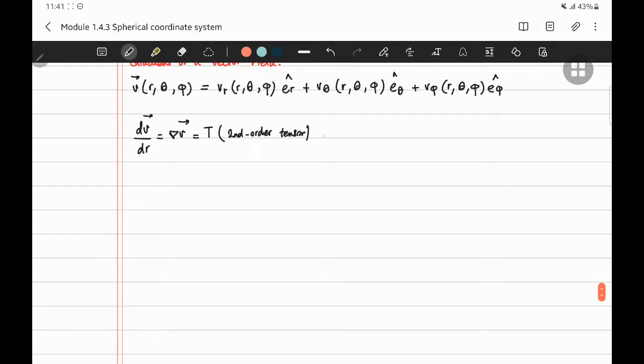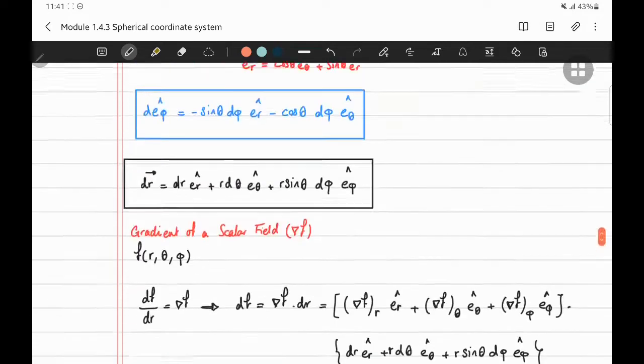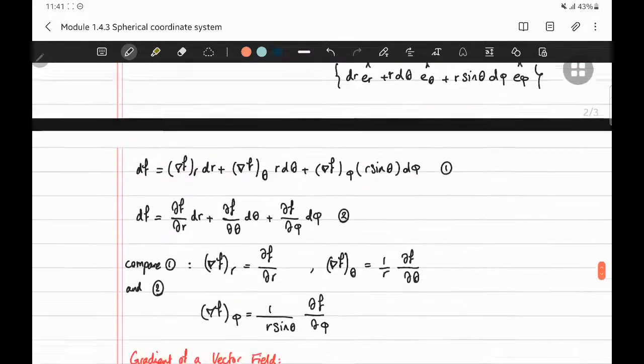Therefore, I can write this as dv is equal to T dr, and dr is already here.